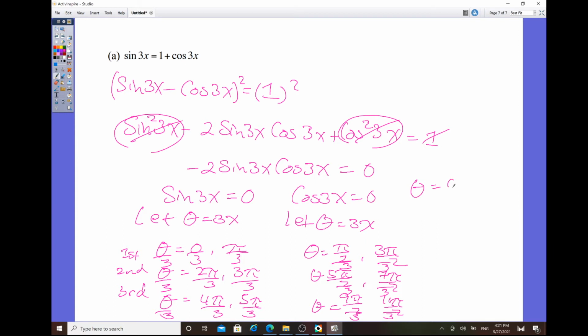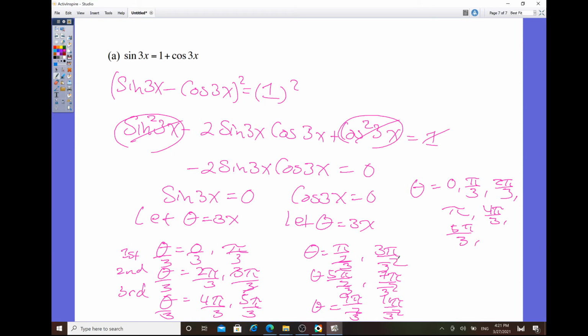Theta could be 0, pi over 3, 2 pi over 3, pi, 4 pi over 3, 5 pi over 3.